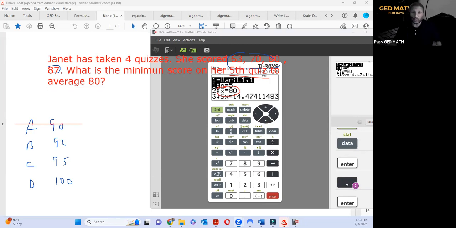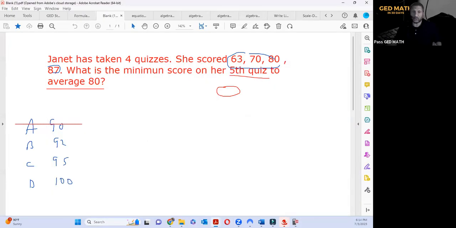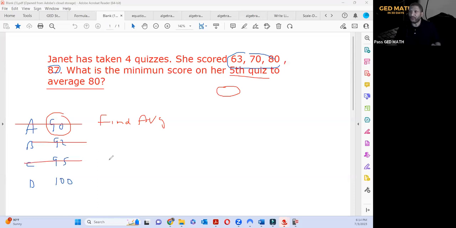So again, most people, this is what happens. Most people know how to find the average, right? So what I'm suggesting is this. You take this number with the 4 that you already have, find the average. Then that's not the answer. Take 92. That wasn't the average. Take 95, find the average. That's not the answer.